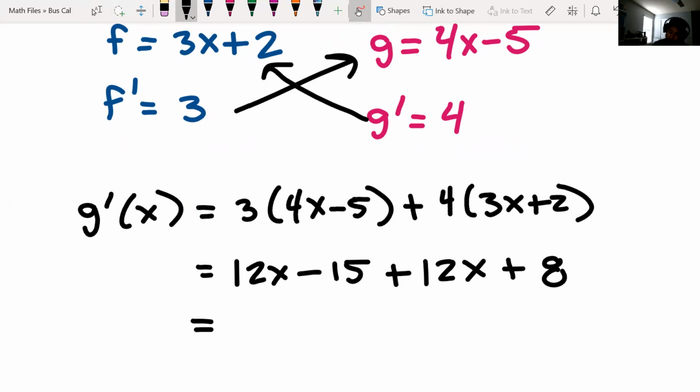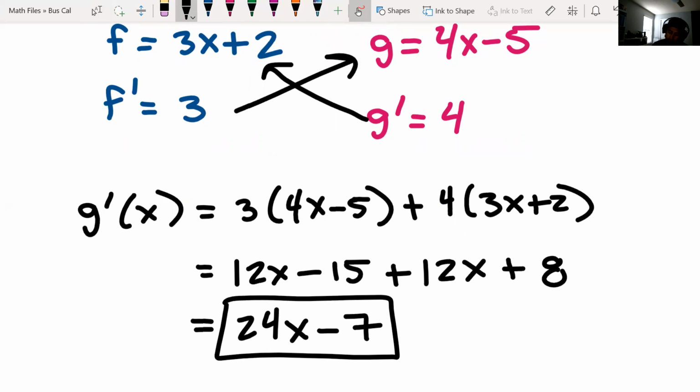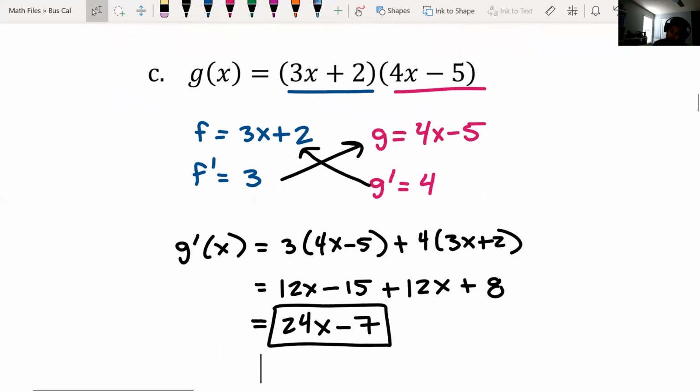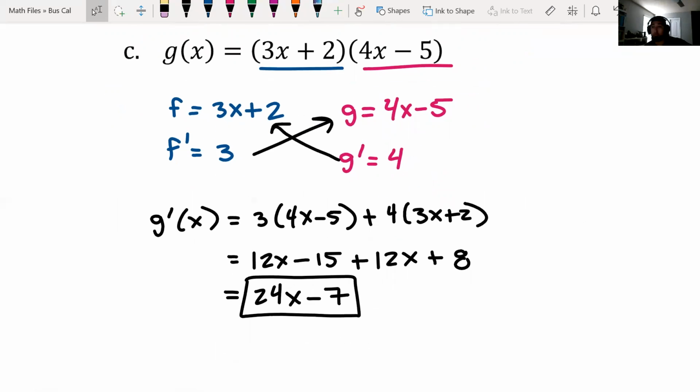Then combine like terms: 24x, and negative 15 plus 8 gives me minus 7. All right, and there it is again, product rule. All good?